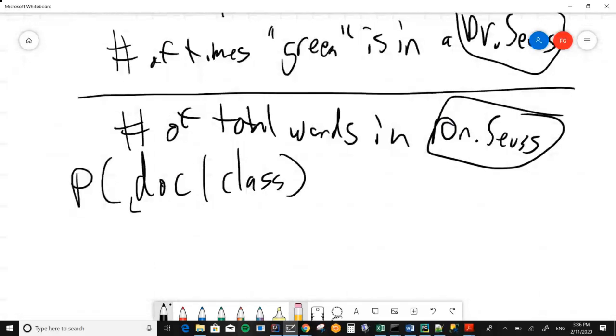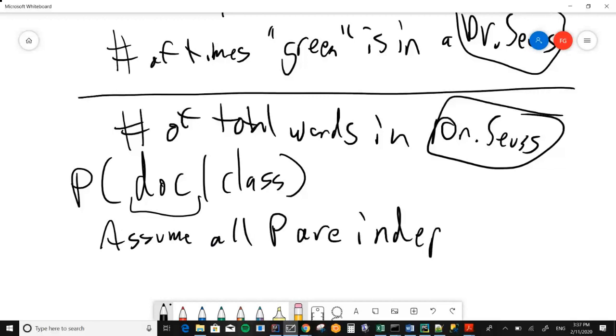In other words, we need to have a way to calculate what this value looks like given all the words in the document. And here is the stunningly naive answer, which is at the heart of the simplicity of the classifier. The naivety is: assume all P are independent.